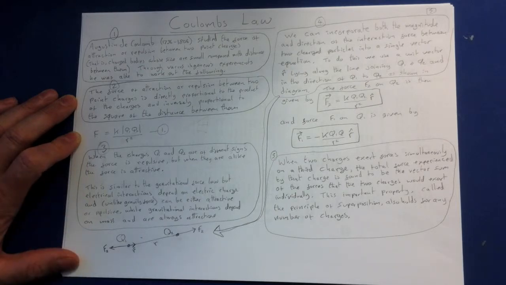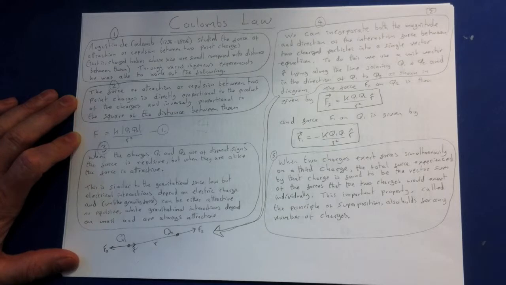You don't have negative mass or positive mass, as far as we're aware, but in this case you do have negative charge and positive charge. So that's the difference between the two. And also another huge difference is the strength of the force. The force with electric charges is huge in comparison to the force between masses with Newton's law. So yeah, that's what that said.